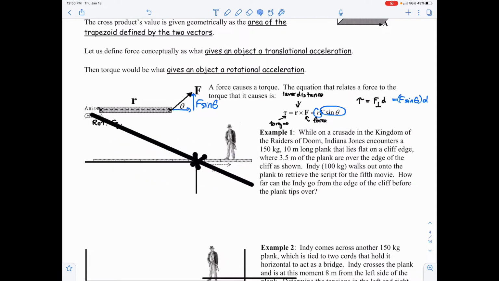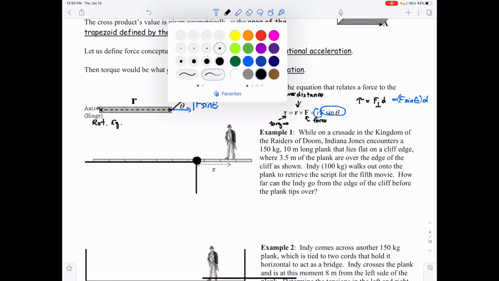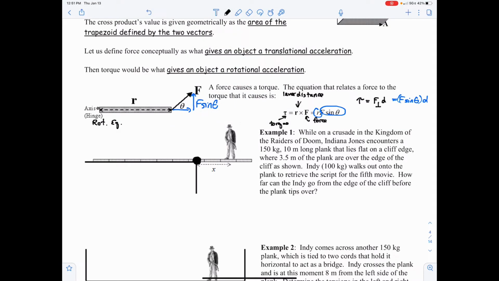And you can see the plank has the ability to rotate about that point, especially if he goes out far enough. So that makes this the point of rotation. There's our fulcrum right there. Keep in mind we're going to be going synonymously between different terms here: point of rotation, fulcrum, pivot point even would be another way to state it.